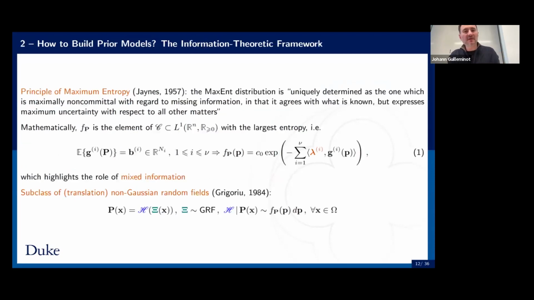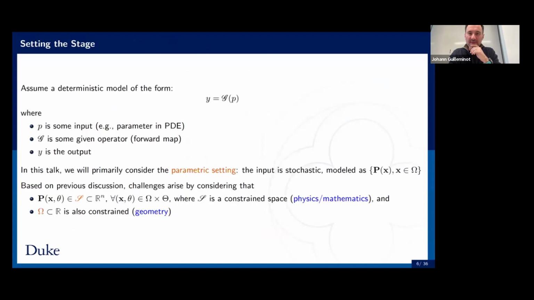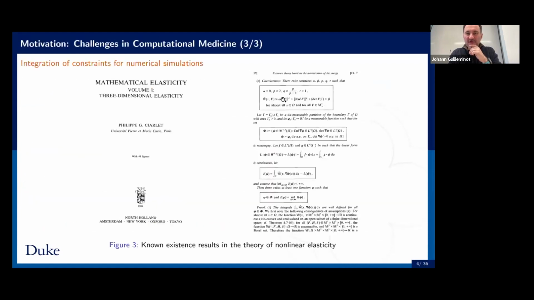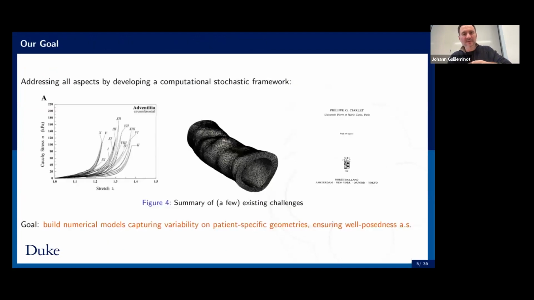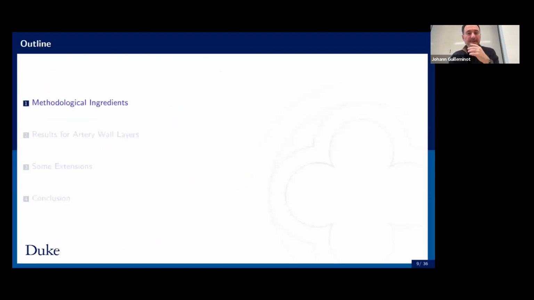The second ingredient is how do we build prior models? To understand that, I would like to get back to this slide and assume that you know what coercivity means. Depending on your background you may not know this, but assume that you have some information on this. The question is, how do I take this information and translate it into something that I can use to build my probability distribution?